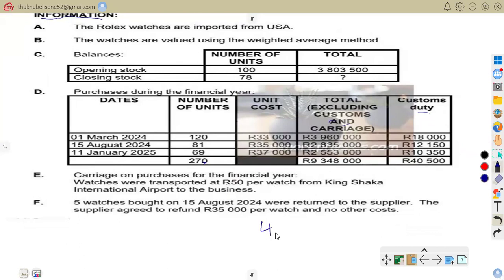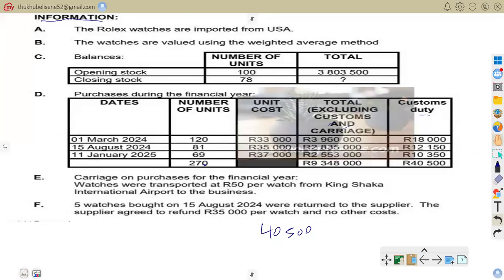40,500. This is a total for custom duties when you add this together. There is an error on this total excluding customs and carriage.